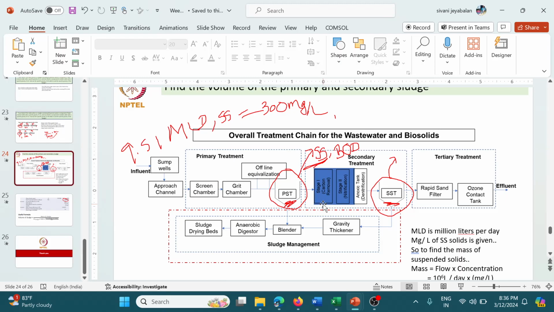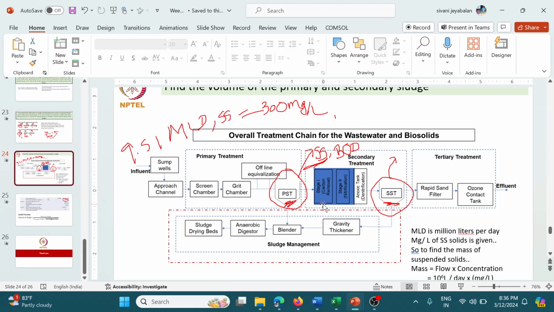Settling. So whatever is getting settled, that will be the sludge produced. But 70% of the solids is getting settled. So how much will be the sludge produced?